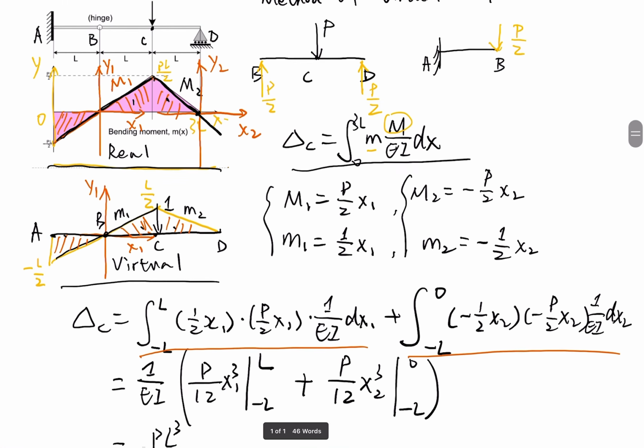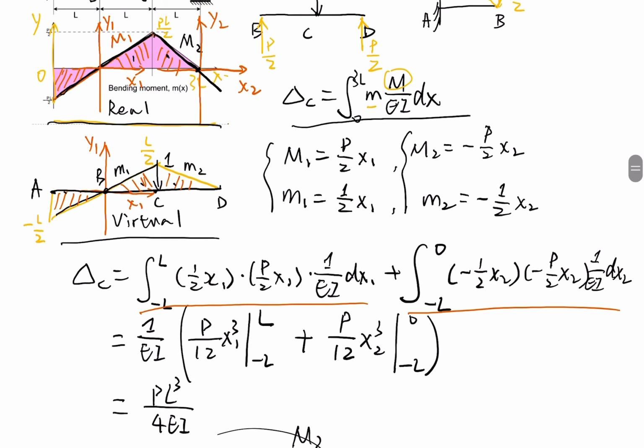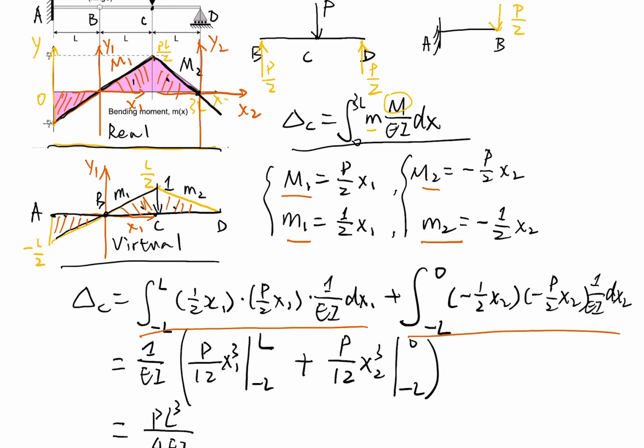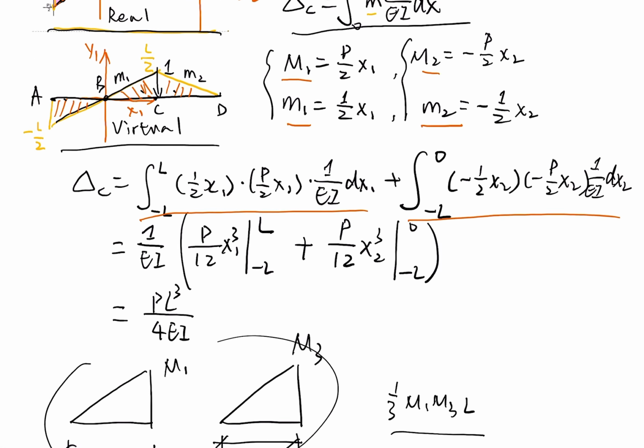So this is the method of virtual work to solve these questions. First of all, we get the expressions for m1, m2, small m1, small m2. Then we do the integral. Then we evaluate the integrals. The expression part is that we define two new coordinate systems to help us find a simplified function for m1, m2, small m1, small m2, to help us easily solve the integrals.